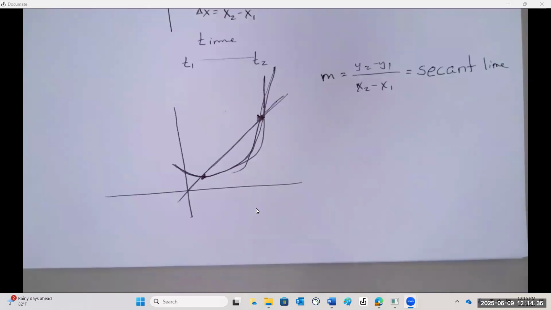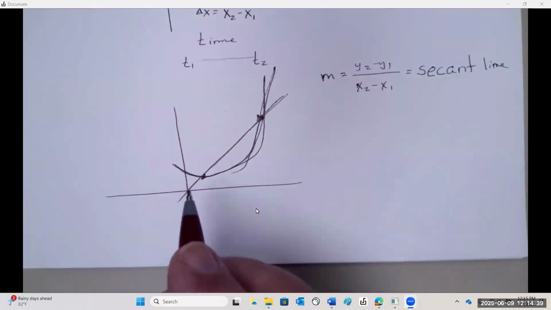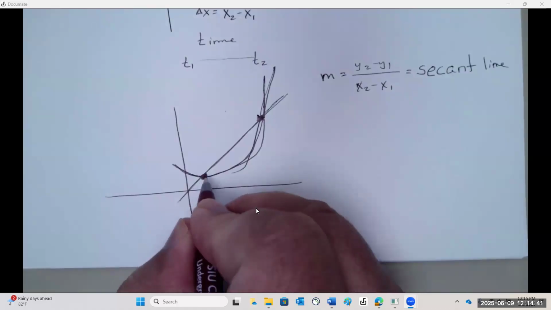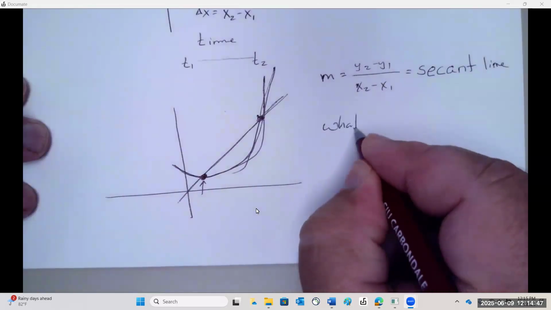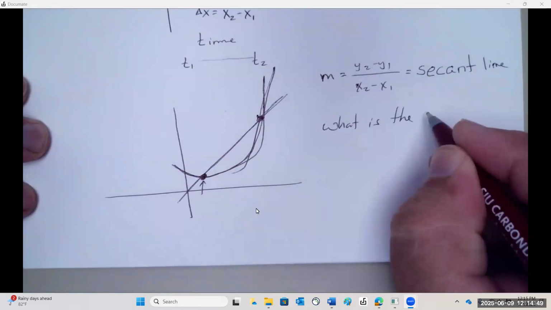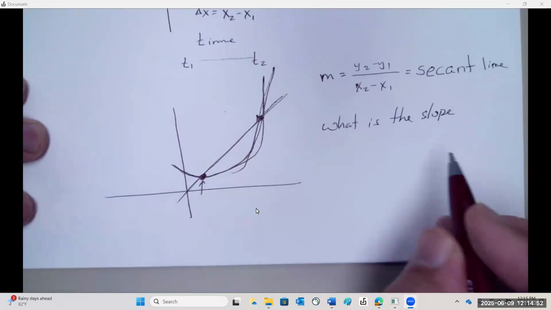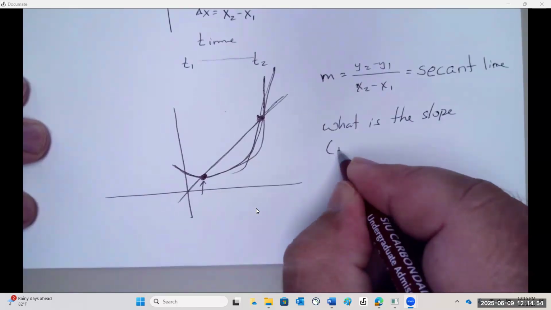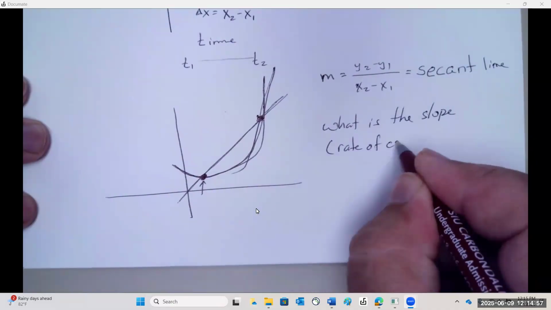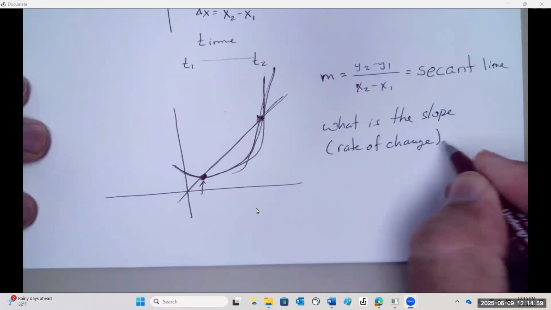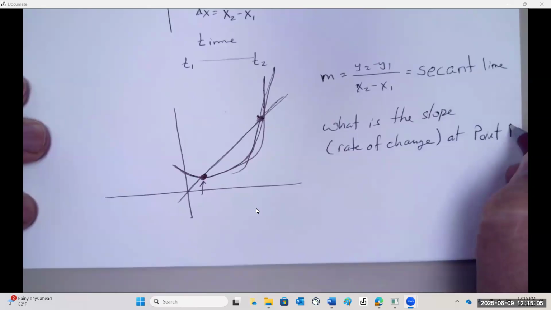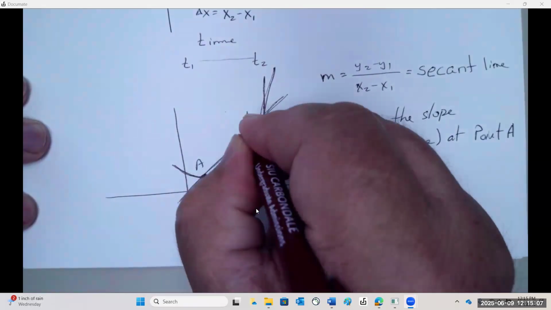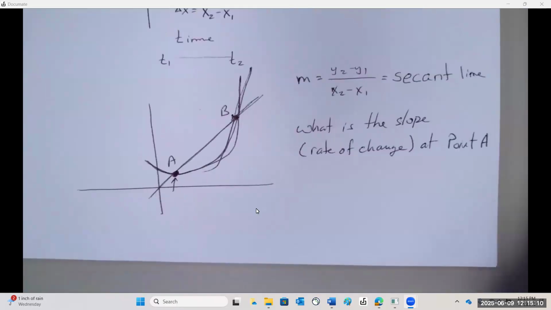What we want, if we have a curve, is to know what the slope is at that point. Instead of slope, what we mean is the rate of change at point 1 or point A. What is the rate of change at the point there?